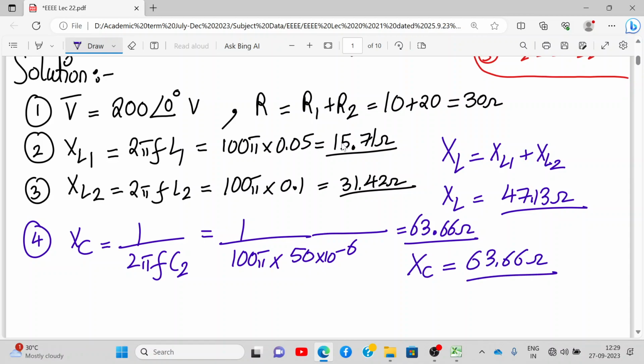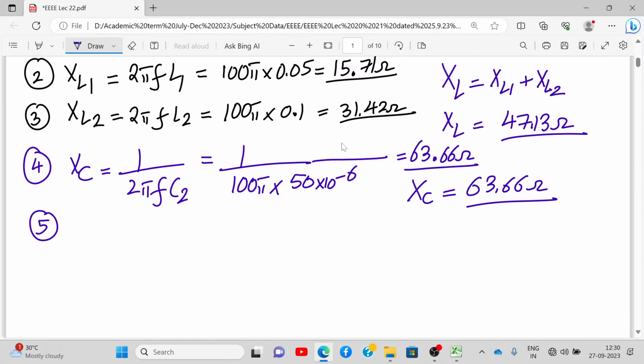Now you can compare. What is total R of the circuit? 30. What is total XL? 47.13. And what is total XC? 63.66. So which is greater? Yeah. So what will you write? As XC is greater than XL, the circuit nature is capacitive. No matter whatever you connect in the series, you have to calculate the net inductive reactance or net capacitive reactance.